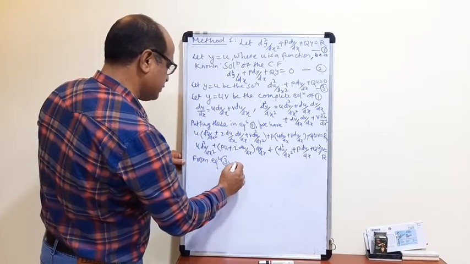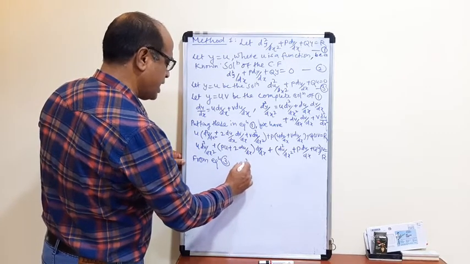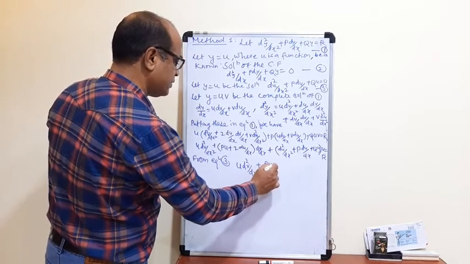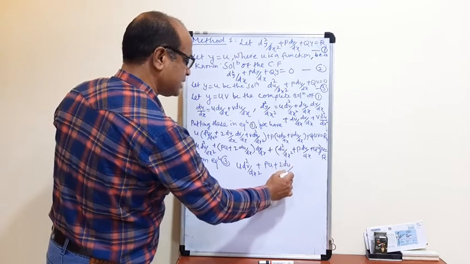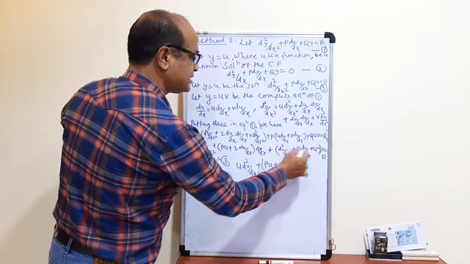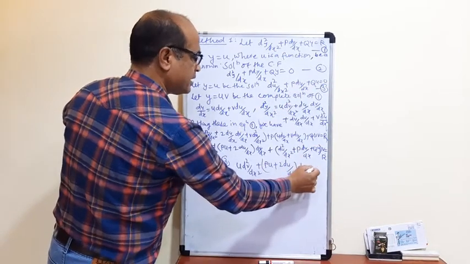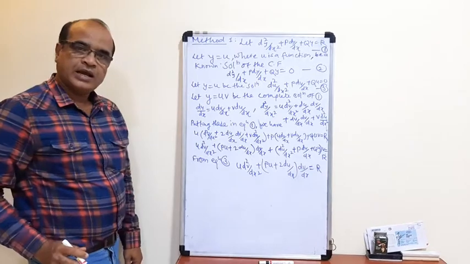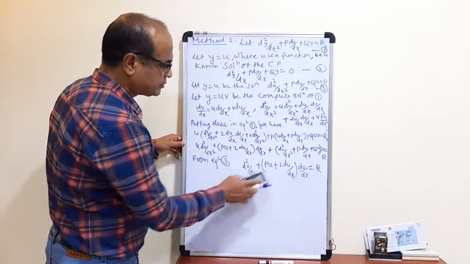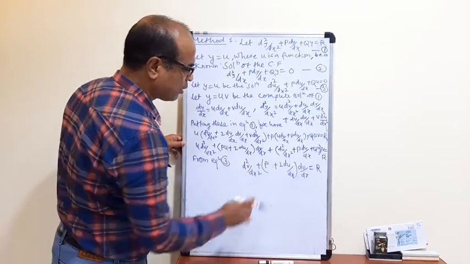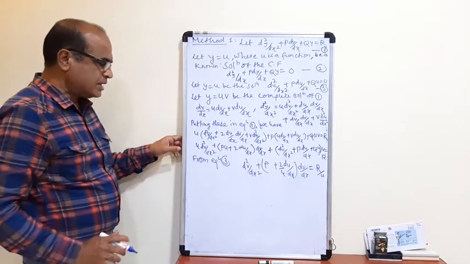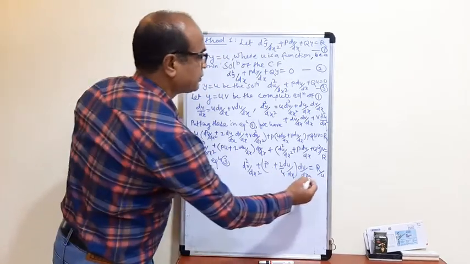So this equation becomes u d2v by dx square plus pu plus 2 du by dx into dv by dx, and this is 0, equal to r. Dividing by u throughout, we get 2 upon u and r upon u. Simply, so this is a differential equation, equation 4.